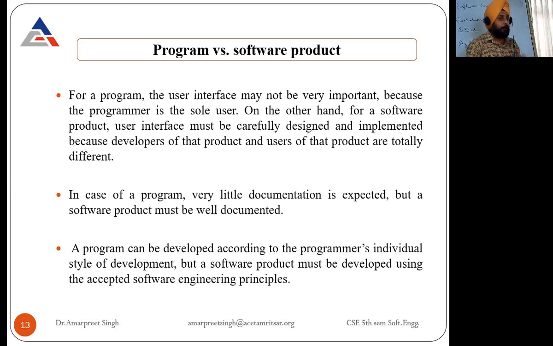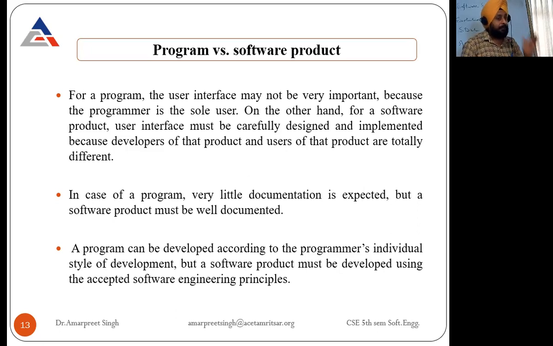In case of a program, very little documentation is expected, but in case of a software product, the whole documentation is required. A program is developed according to an individual style of development, but a software product engulfs many software programs, meaning a containership.